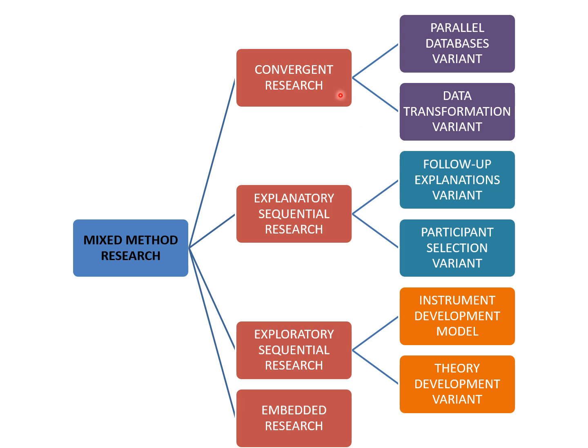Again, this convergent design is classified into parallel databases variant, data transformation variant, follow-up explanations variant, and participant selection variant, and exploratory sequential research is classified into instrument development model and theory development variant. We will see all these classifications later in other videos in detail. Now this is just for your understanding of how research is classified.